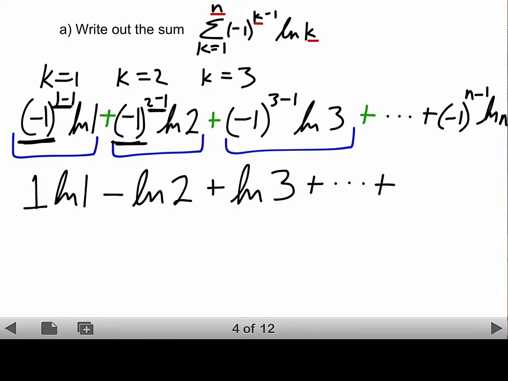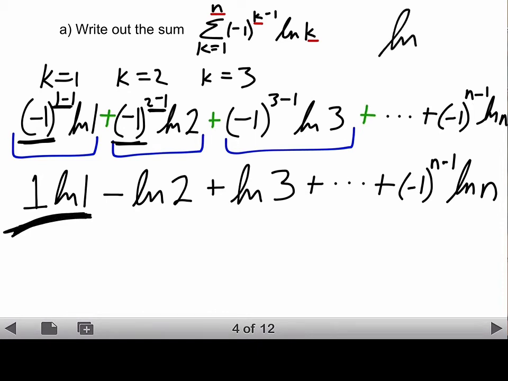Now, I'm not sure if n is going to give us a positive or negative for the base of negative 1, so I don't bother. I'm just going to write down what that nth term would be generically, which is going to be negative 1 to the n minus 1 times the natural log of n. You might be looking at this saying, hey, we can simplify that first term. And as a matter of fact, we can. Turns out natural log of 1 is equal to 0, isn't it?